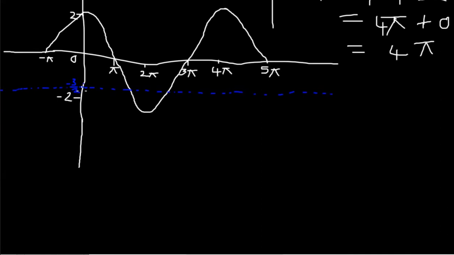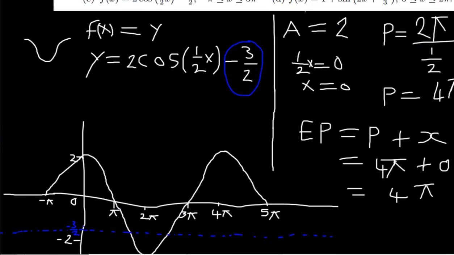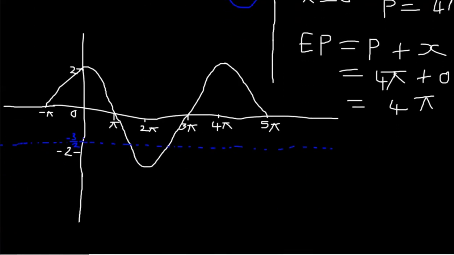Or first, let us first put the amplitude. So the amplitude for this, we said, is 2. So whether negative or positive, it doesn't matter. The amplitude is 2. So we're going to move 2 units going up from 3 over 2, which is just the same as adding negative 3 over 2 plus 2.